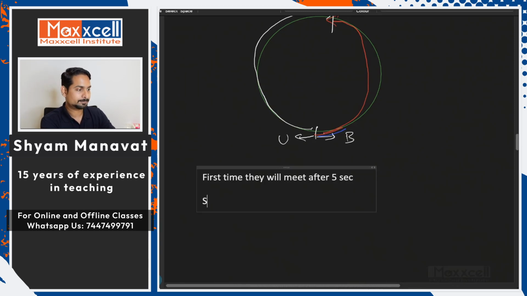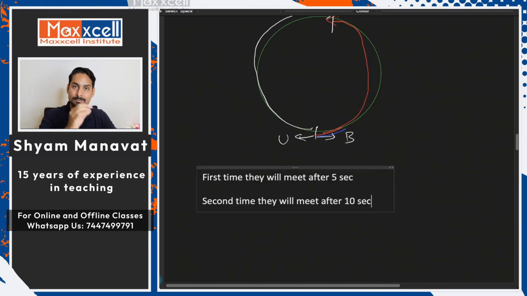Now second time they will meet after, from the starting point, 5 seconds, then again continue the next 5 seconds. So 5 plus 5, 10. Are you getting it? 5 plus 5, 10. Next time they are going to meet after another 5 seconds. So that means they are going to meet after 10 seconds in total.